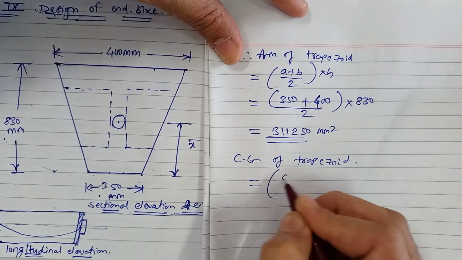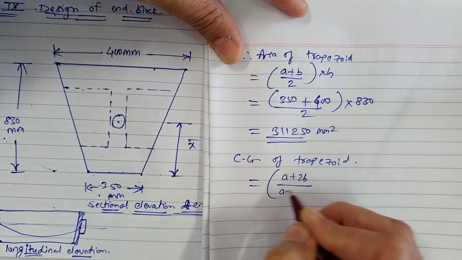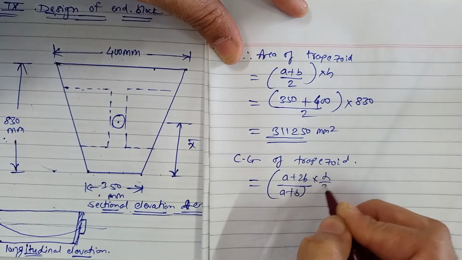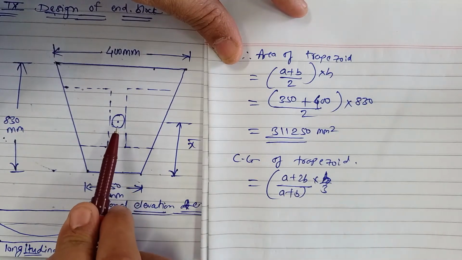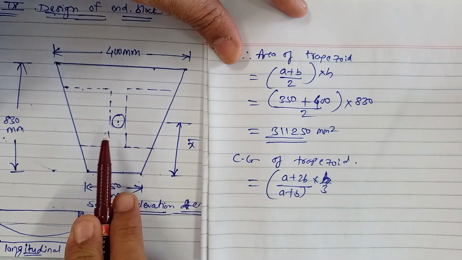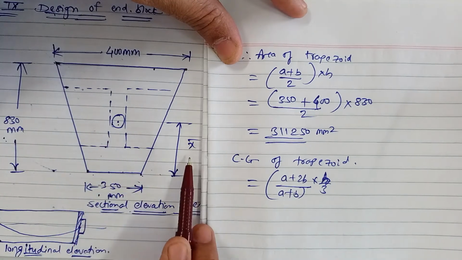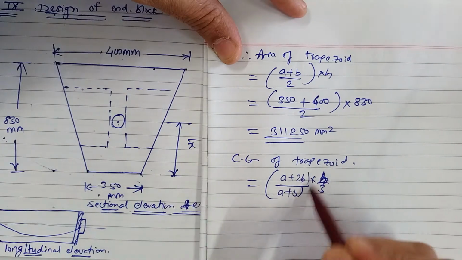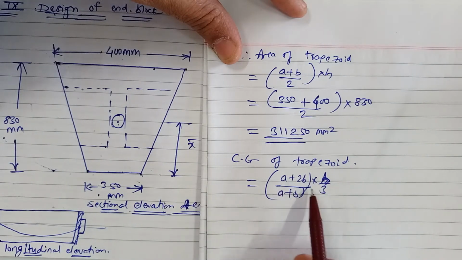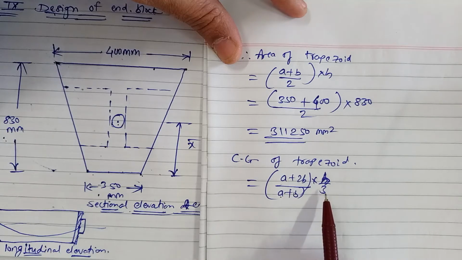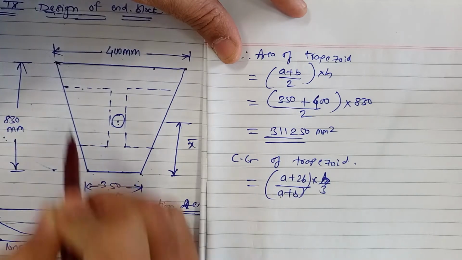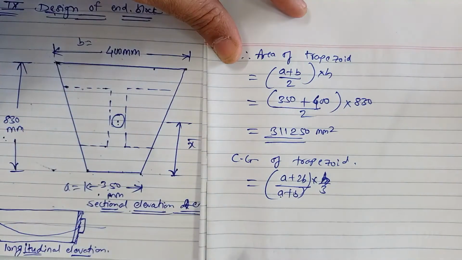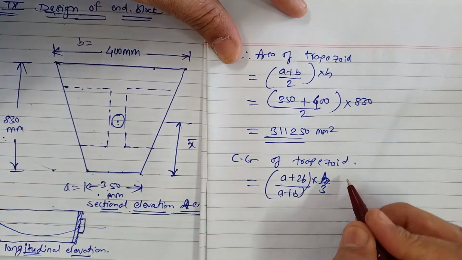And CG of trapezoid can be determined by the formula (a plus 2b) divided by (a plus b) into h by 3. Now keep in mind, we are determining CG of the trapezoid from the bottom extreme fiber, that is x bar, and it will be determined as (a plus 2b) divided by (a plus b) into h by 3, where a is nothing but 350 and b is nothing but 400 mm, that is width at the top.